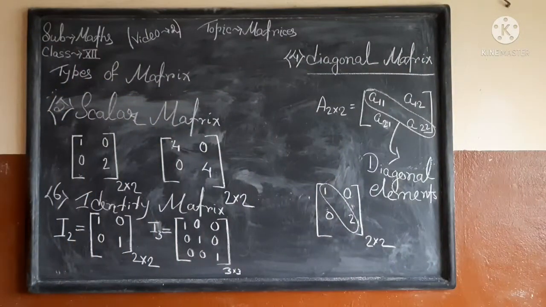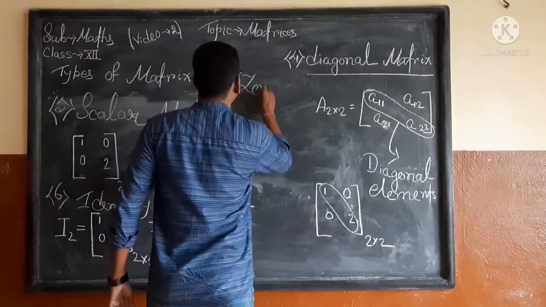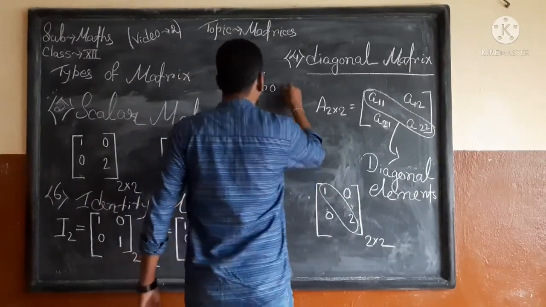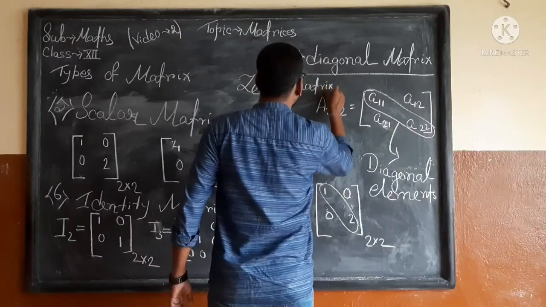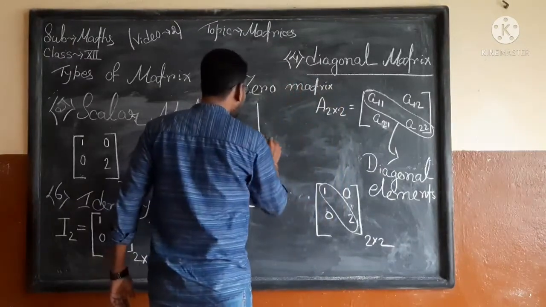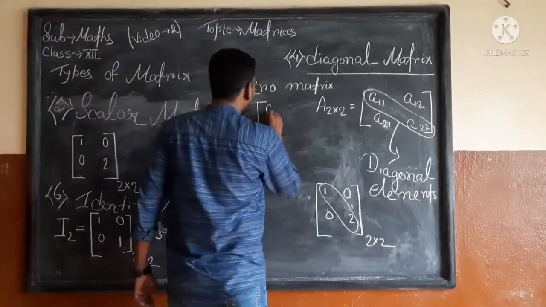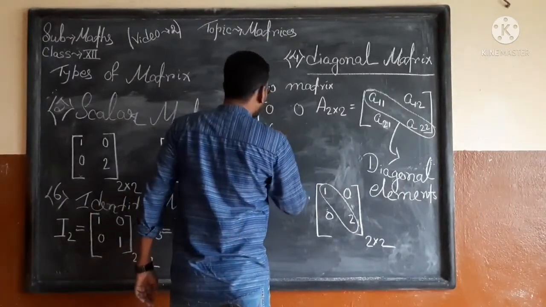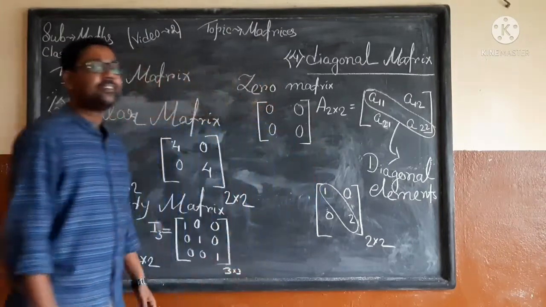Next one, zero matrix. When any matrix contains all elements equal to 0, then it is called a zero matrix.